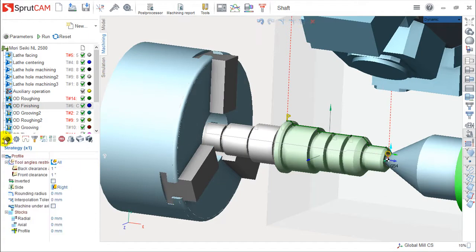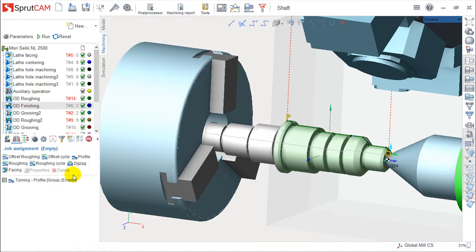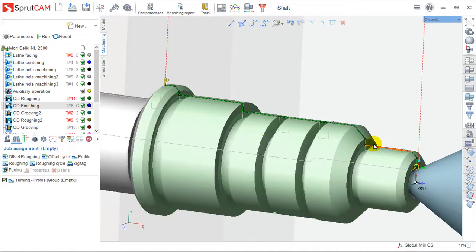It's pretty much the same, even though in terms of turning, in the job assignment, we work with this profile, so we can choose particular areas, and this idea of choosing only a specific place is more important than in milling, from my perspective. But the general concept is the same, so I think you'll get around this very easily.